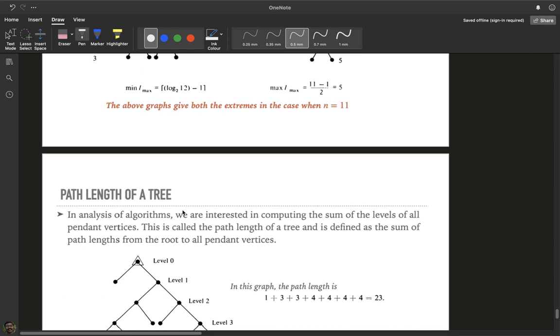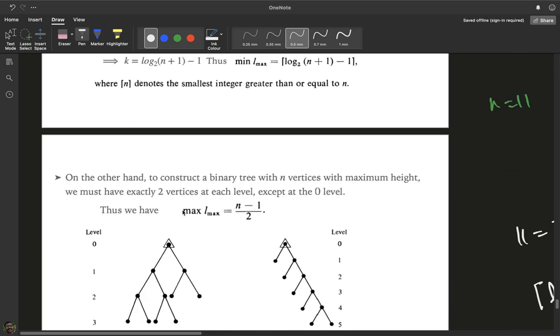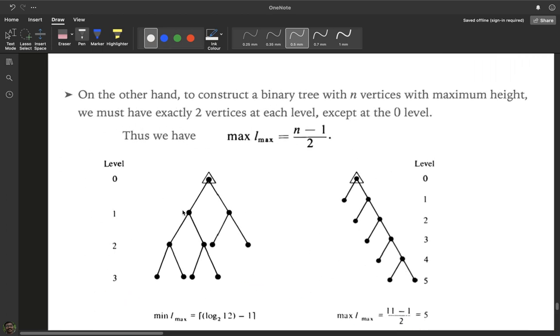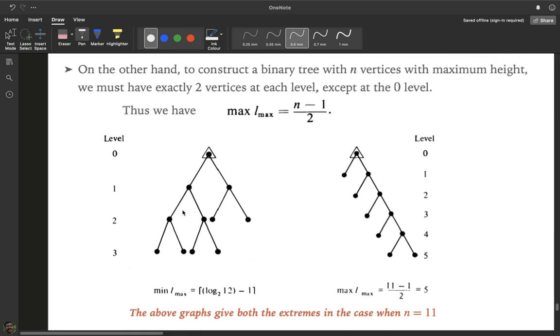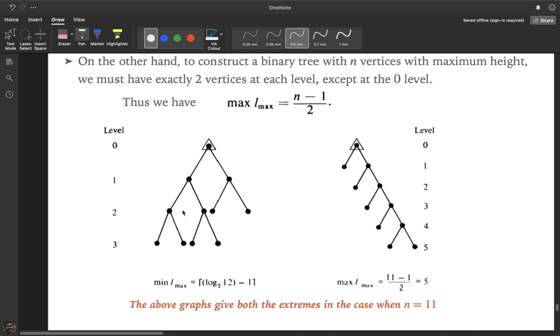We have discussed that also. I hope it is clear how you get the maximum level and minimal level. Here I have given an example of distributing 12 vertices in the minimum level possible and the maximum level possible. In the minimum level case, first I supplied one vertex there, then 2 vertices on the next level, then 4 vertices on the next level, and so on.